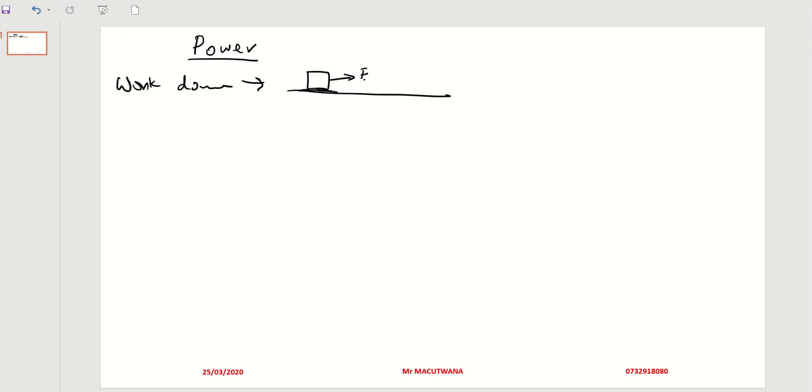Now there's a force acting, and this force can displace an object. So it means the object maybe has been displaced by that much. Let's say this is your delta x. For sure, if the surface is rough, there will be frictional force acting in the opposite direction.